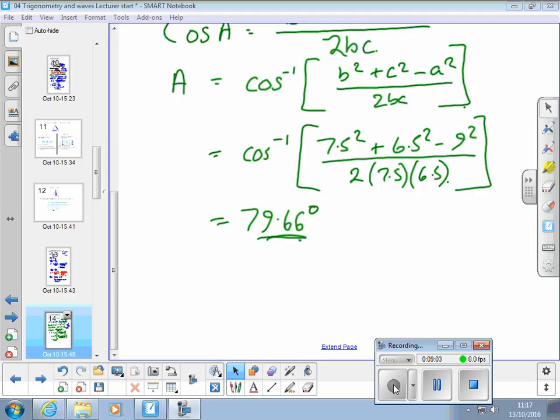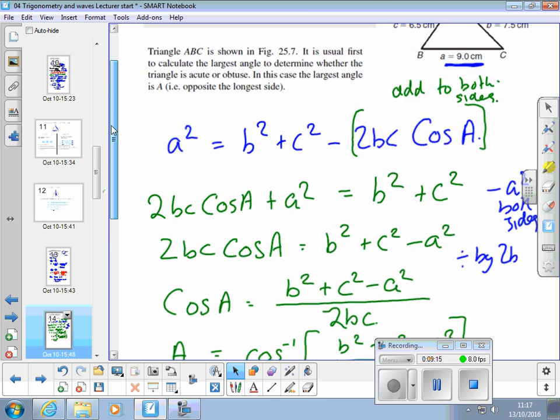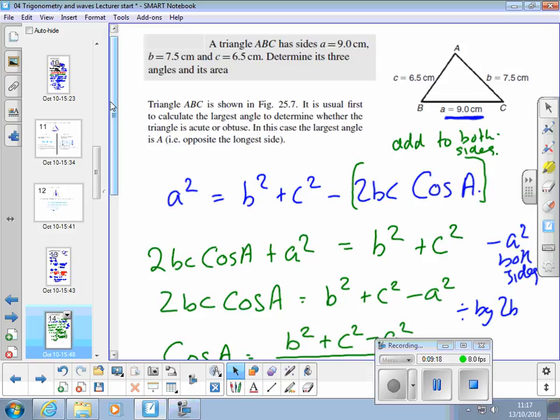How would you then, and I'm not proposing to go through all of finding the other angles, but how would you propose going through that? You can kind of do that to finish this off during the week. You could go to the sine rule now.